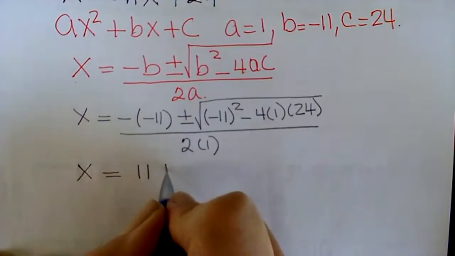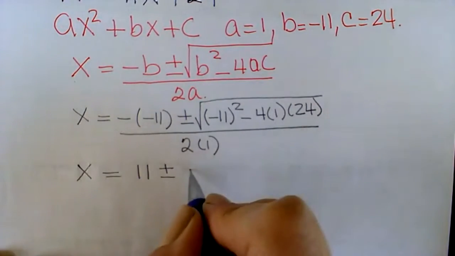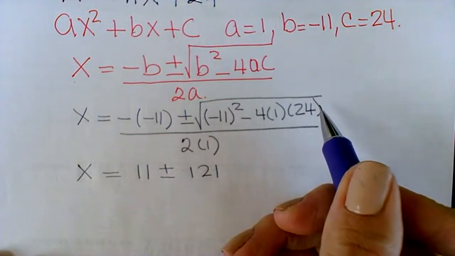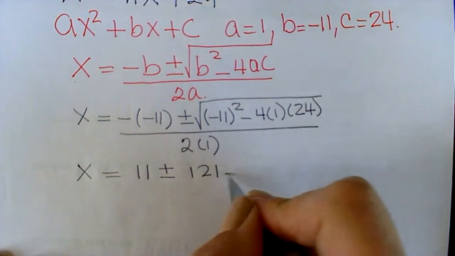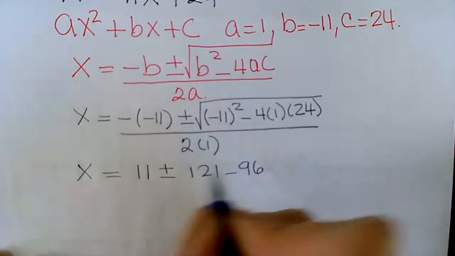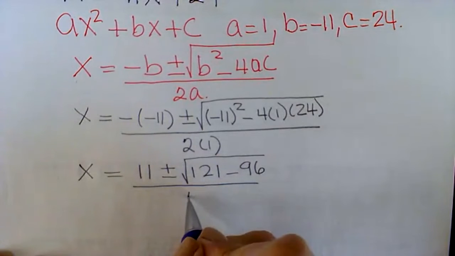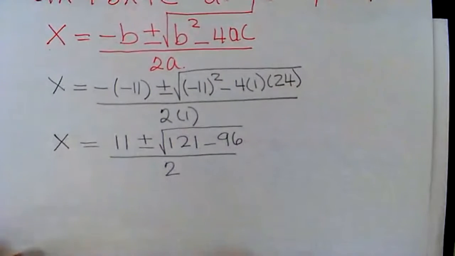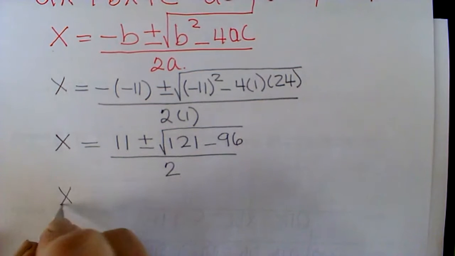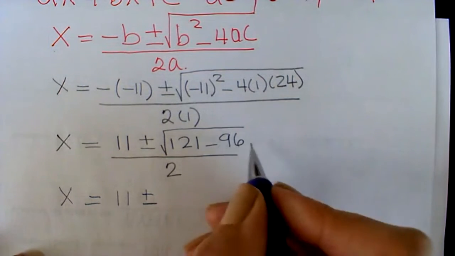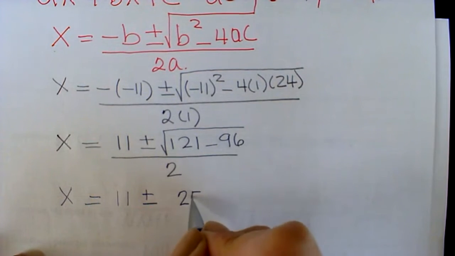So we have 11 squared is 121, and 4 times 24 is 96. 121 minus 96 is 25.